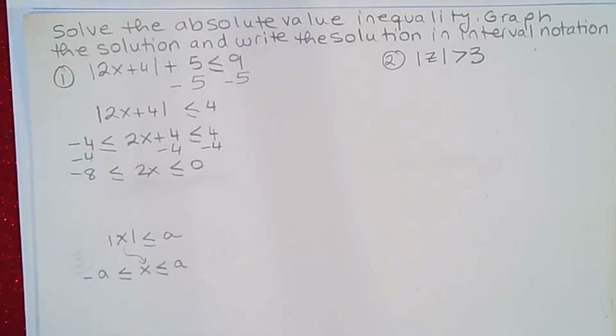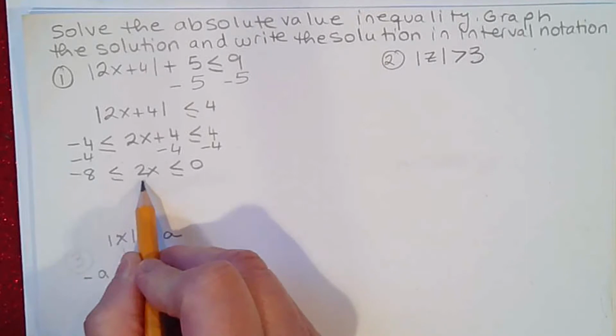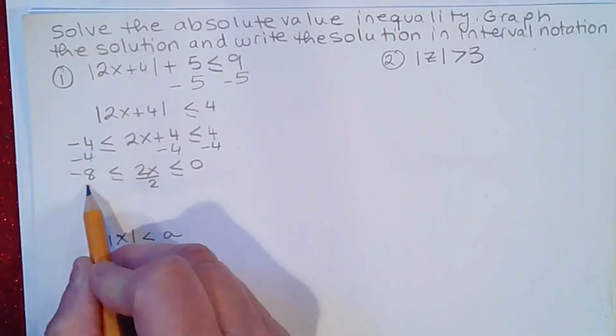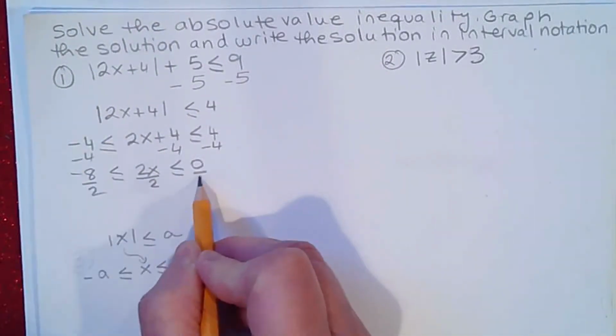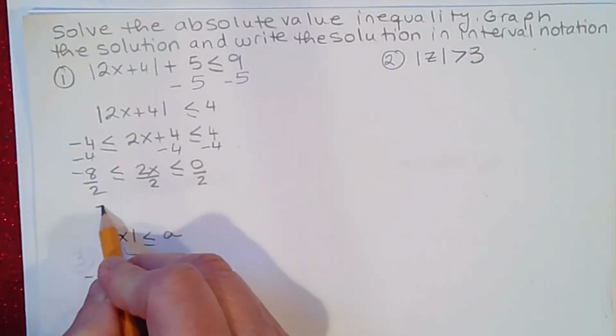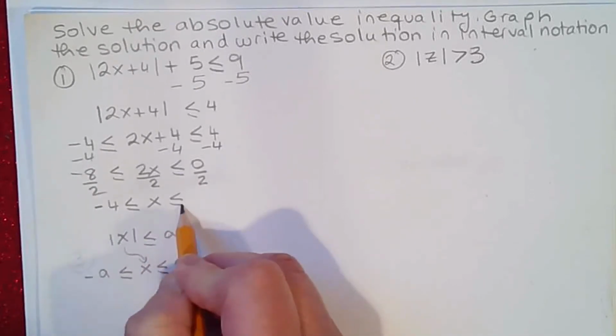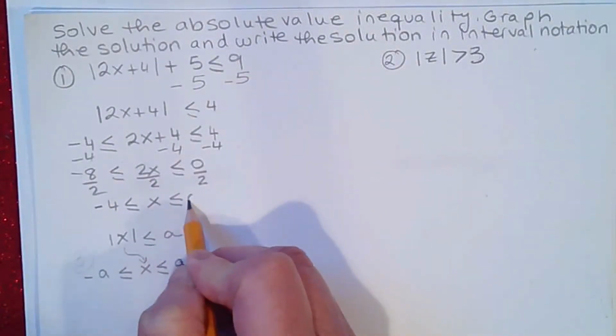And now we have to divide all 3 sides by the coefficient of x, which is 2. So negative 8 divided by 2 is negative 4, less than or equal to x less than or equal to 0 divided by 2 is just 0.